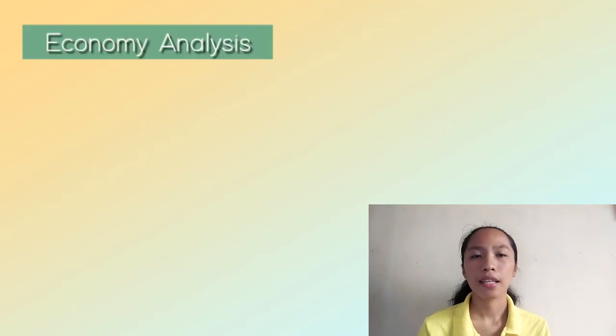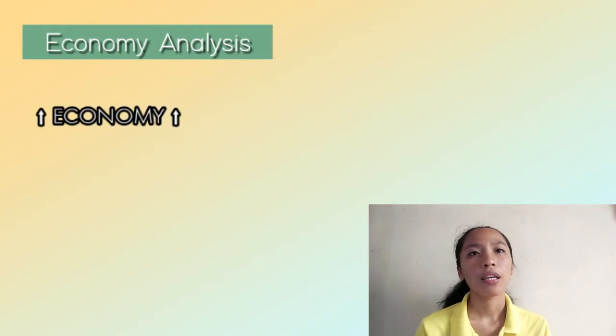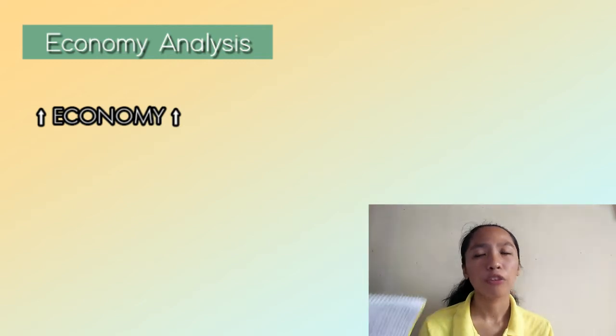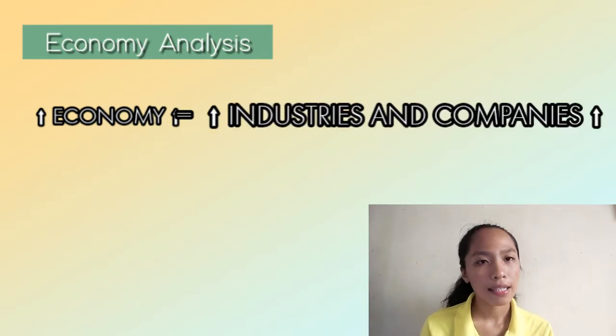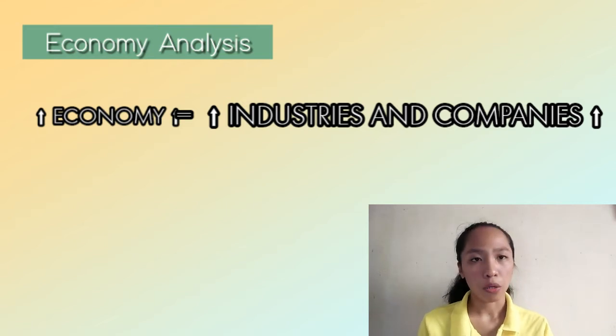So fundamental analysis involves three steps: economy analysis, industry analysis, and company analysis. Let's now discuss economy analysis. The performance of the company depends on the performance of the economy. If the economy is booming, incomes rise, demand for goods increases, and hence the industries and companies in general tend to be prosperous.